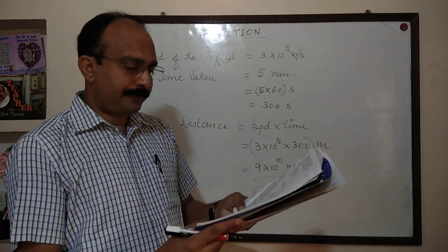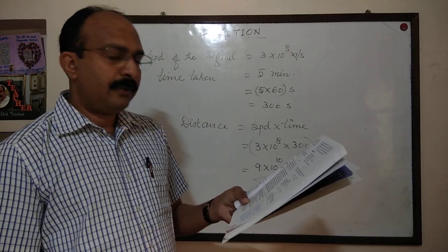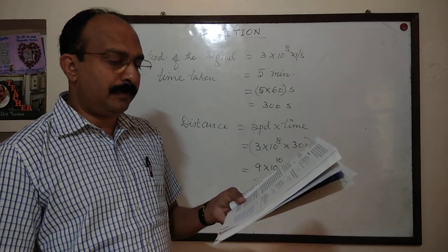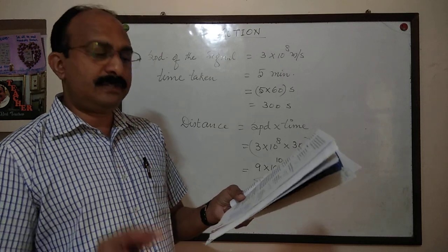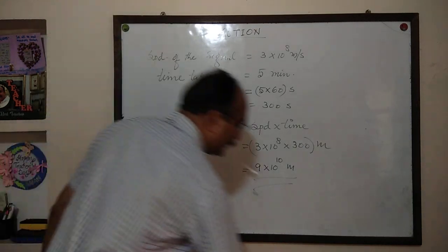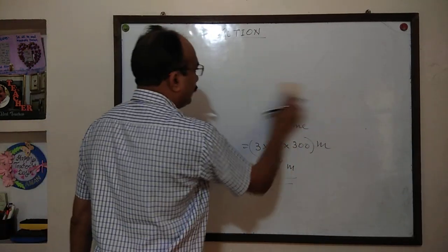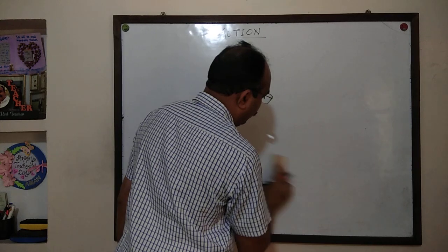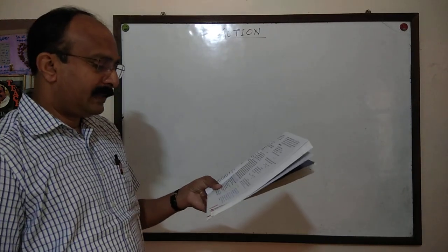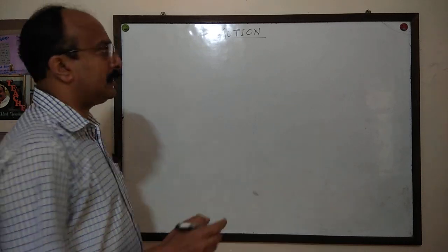Question number 2. A bus decreases its speed from 80 km per hour to 60 km per hour in 5 seconds. Find the acceleration of the bus. A bus is decreasing its speed from 80 km per hour to 60 km per hour.